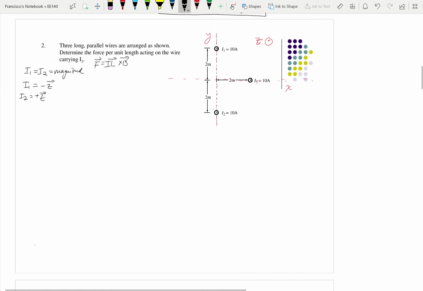So I1 and I3. Let's do it by this blue marker here. This distance here, I'm going to call R1. This is the distance between current I1 and current I3.